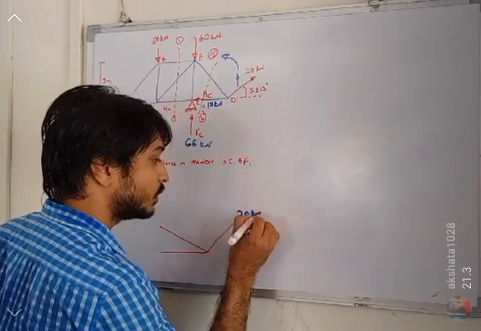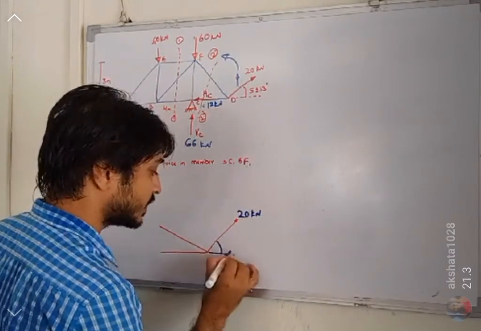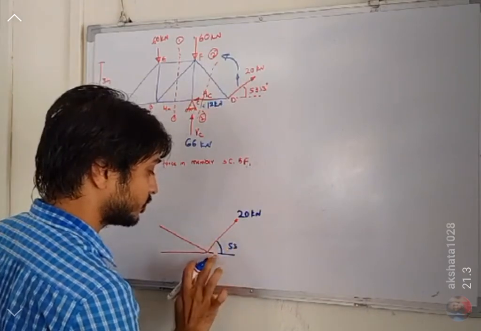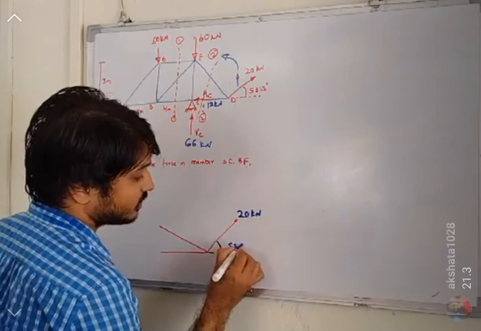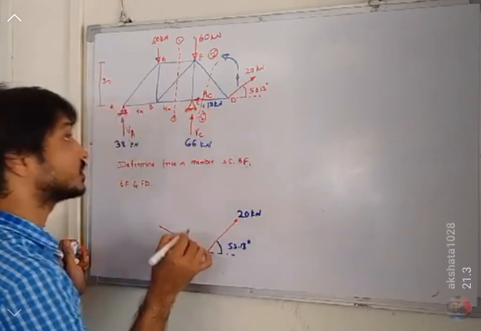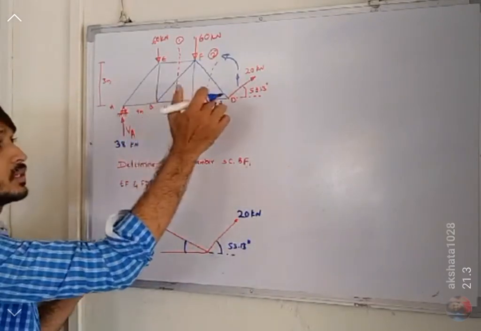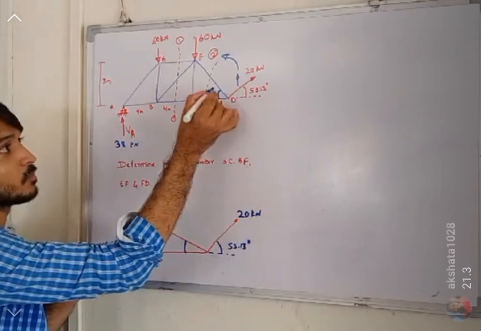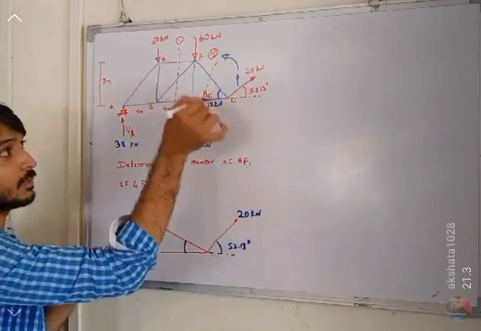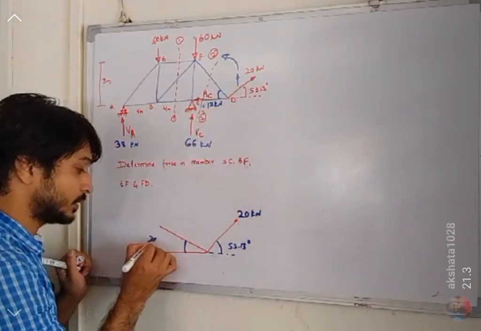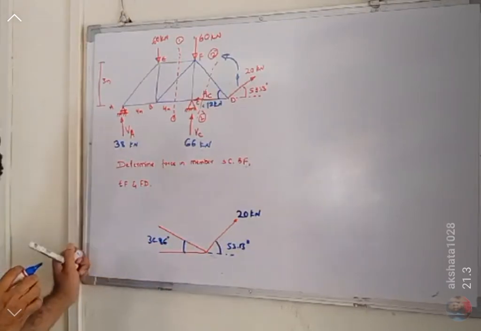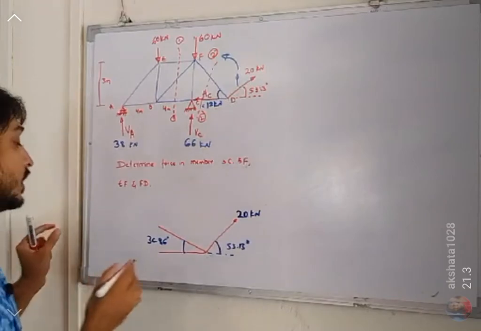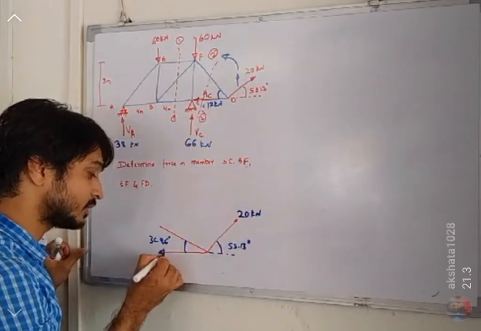This is 20 kilonewton, and this angle is given as 53.13 degrees, correct? We calculated theta in the previous case. Theta equals opposite by adjacent, 3 by 4, so we get 36.86 degrees.